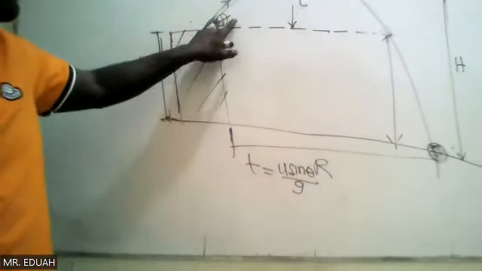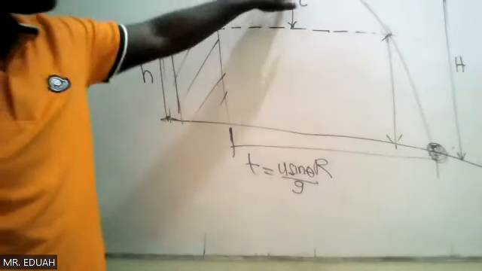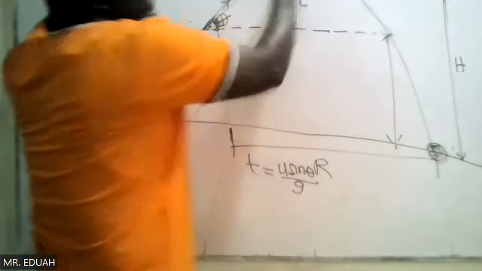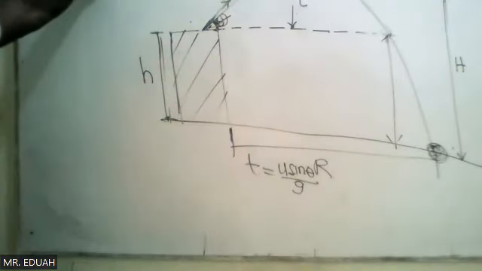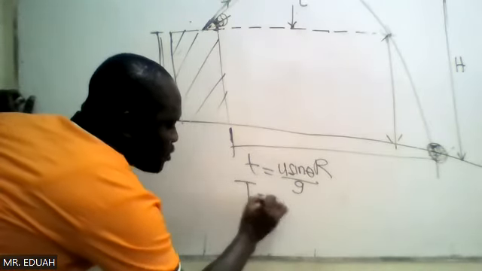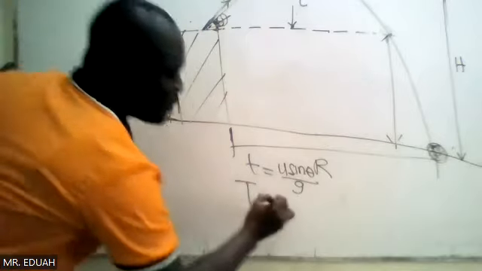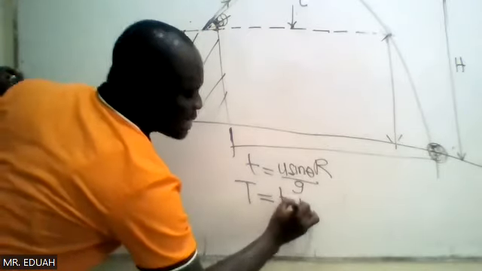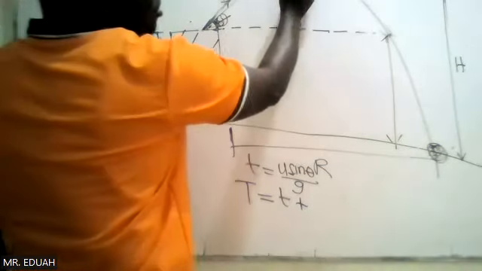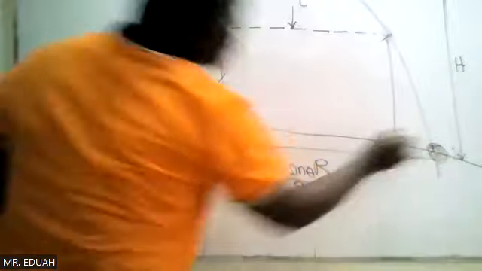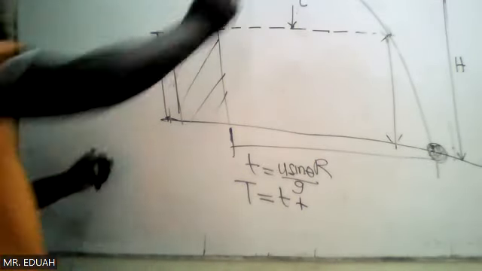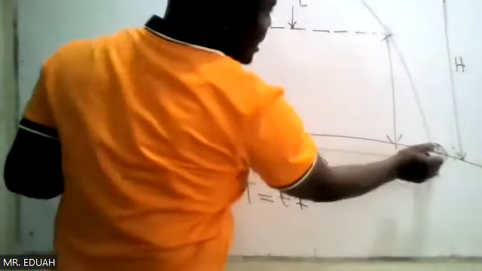So once I have u, I have sine theta, I can calculate the time taken to move from here to the maximum height. Don't forget, we are looking for the time of flight, capital T. So I have one aspect of it, which is t plus. The next thing I have to determine is the time taken to move from here to the ground.